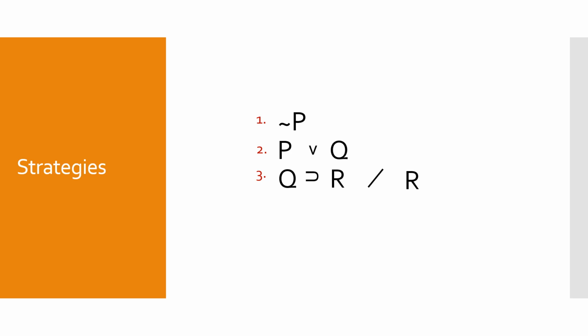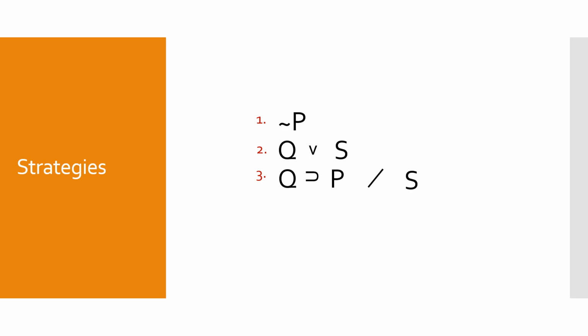And in order to get from this premise to the conclusion of R, the most likely route is going to be by way of a modus ponens. And that means that in some way, I'm going to have to try to prove that Q is true. And so you can start to just reverse engineer your thinking from simply the starting point of figuring out where your conclusion shows up in your premises.